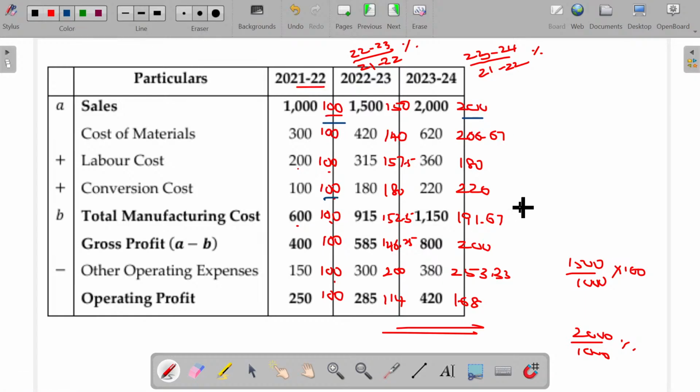Conversion cost grew more than 2 times, and operating cost also grew more than 2.5 times. That's how you get an idea about the trend of each and every element of your financial reports. Based on that, you can decide which component can be reduced or controlled so that ultimately profit could be increased. So with that, chapter 3.1 is over.